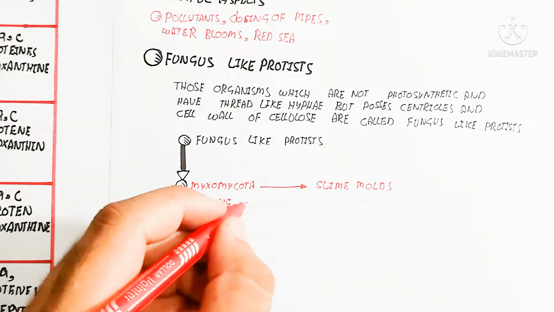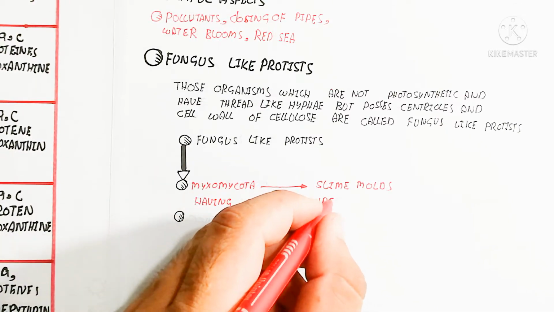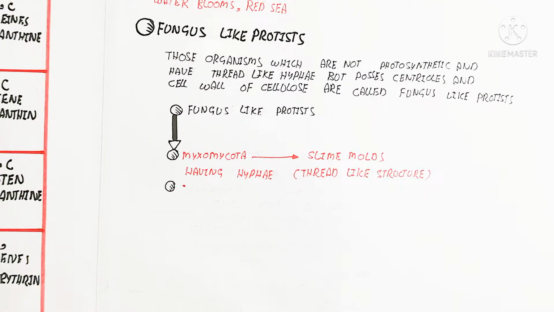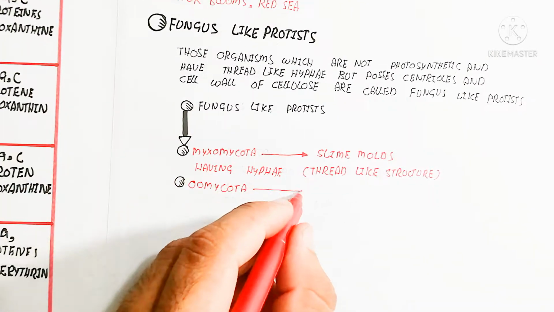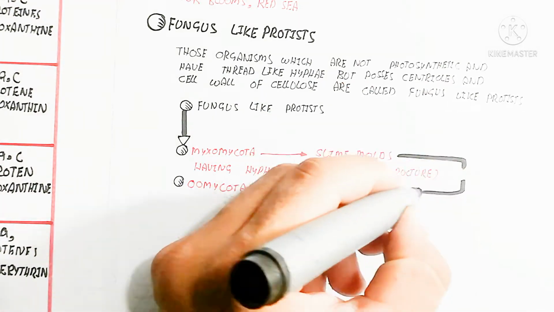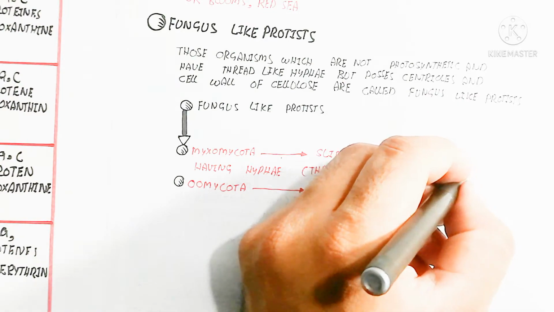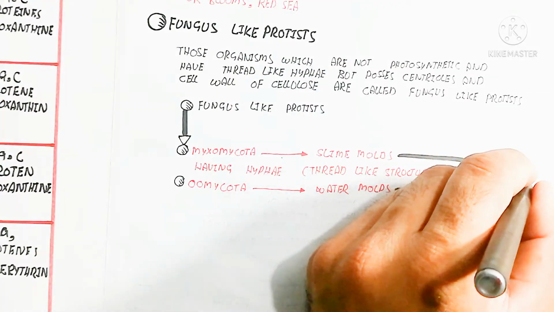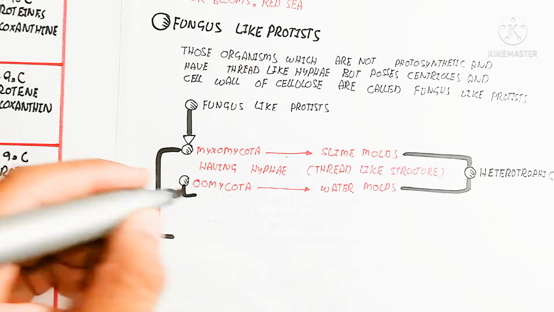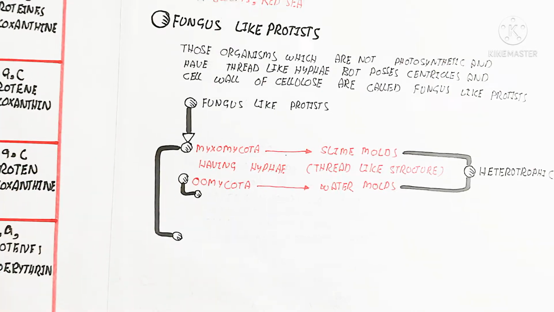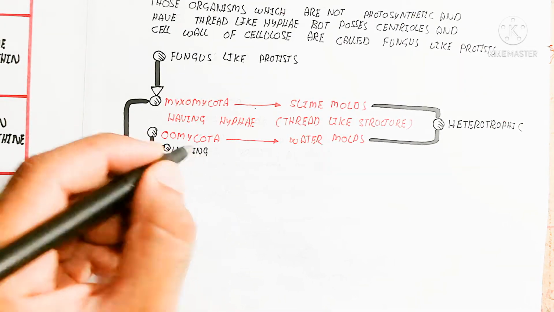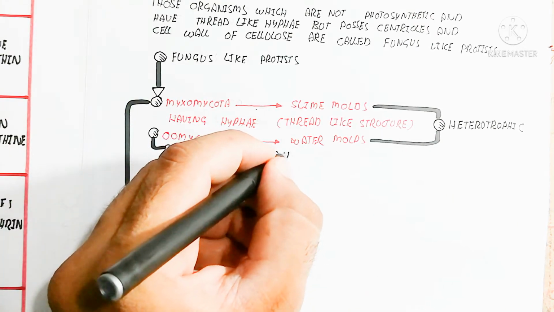The myxomycota contain slime molds as the best example, having hyphae, a thread-like structure. On the other hand, the oomycota are basically water molds, and both are heterotrophic. Oomycetes have hyphae, an aseptate group of hyphae called mycelium, and they are pathogens, with no chitin but cellulose in their cell wall.